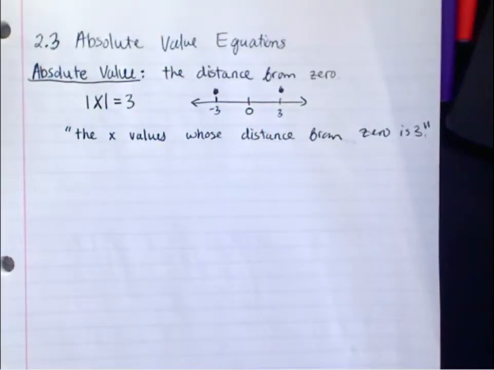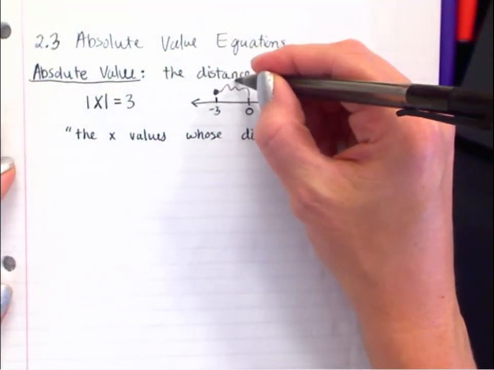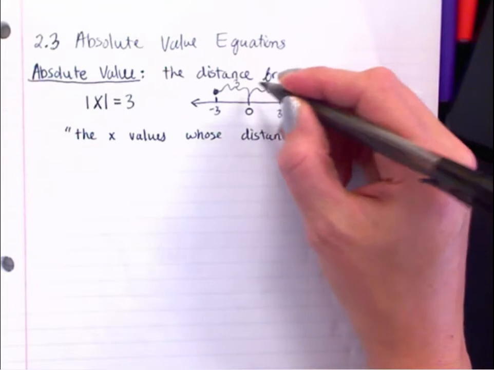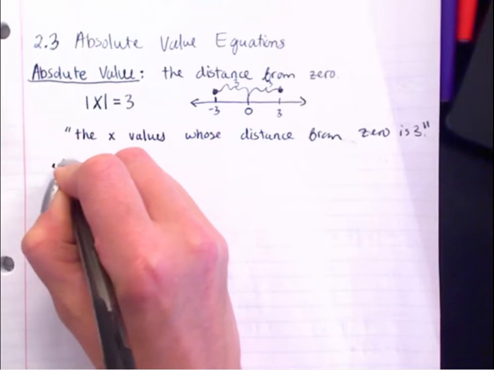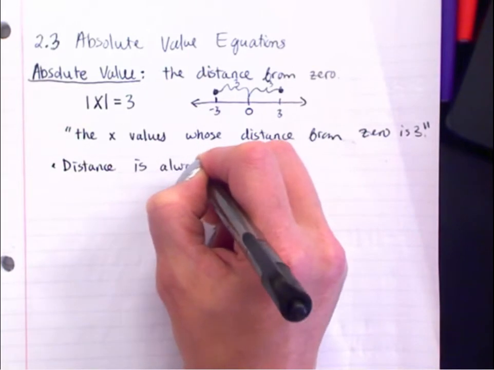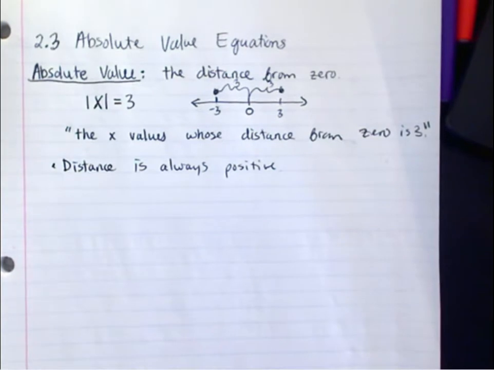Notice that there are two solutions, not one, because even though one of them is in the negative direction on the number line and the other is in the positive direction, the distance, like a magnitude, is positive. Distance is always positive. Makes sense? Think of reasonable domains.